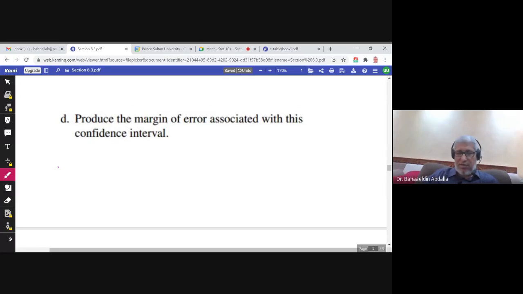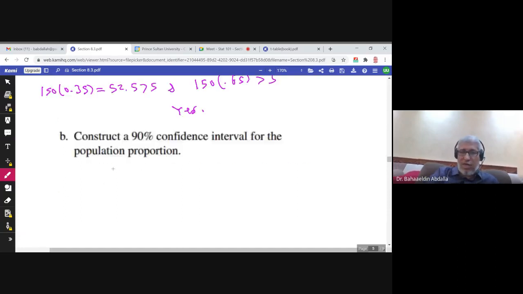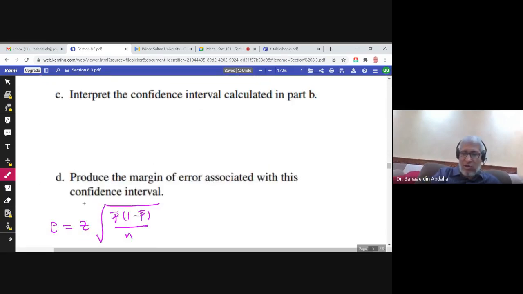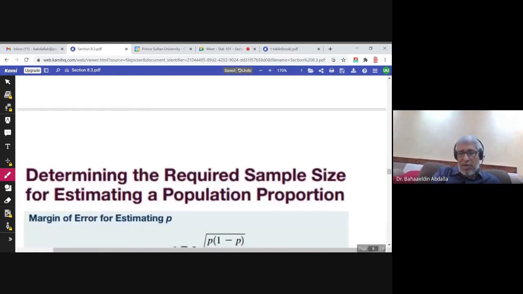Remember that the margin of error is Z times the square root of P bar times 1 minus P bar over N. So it is already calculated in part B, because the formula for the confidence interval is P bar plus or minus Z times the square root of P bar times 1 minus P bar over N. And this is in fact E, or the margin of error. Okay, this is the first part.